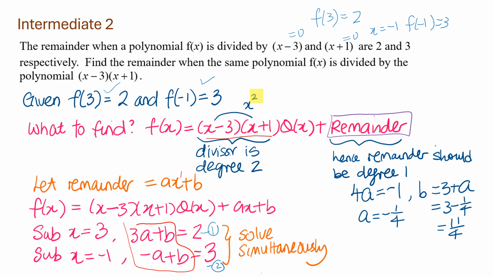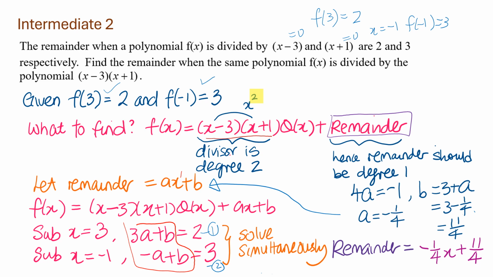So b is 3 plus a, and since a is -1/4, that will give you b to be 11/4. Right. So after finding the values for a and b, now we can plug it back into our remainder, ax plus b. So therefore your remainder will be -1/4 x plus 11/4.